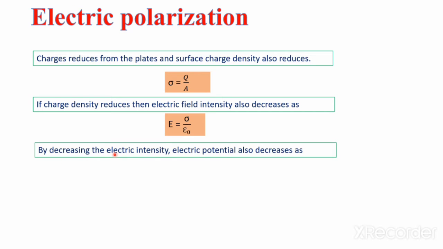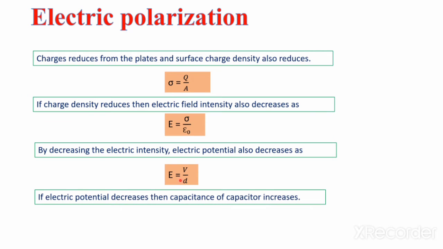By decreasing the electric field intensity, electric potential also decreases, as E is equal to V upon D, and there is a direct relation between electric field intensity and electric potential. So due to reduction in electric field intensity, electric potential also decreases.